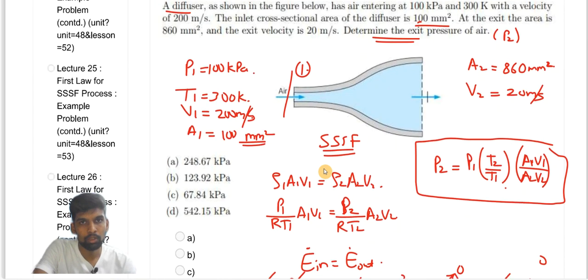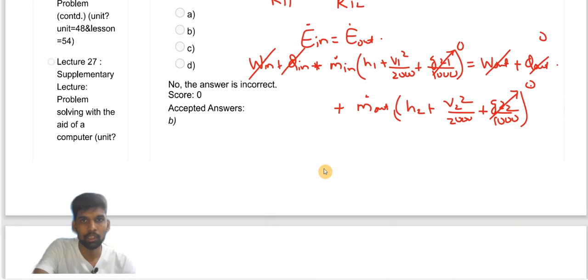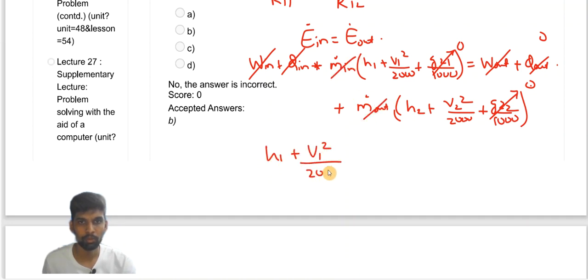And about velocity, velocity at both entry and exit they have provided. And also, since from mass balance m dot in and m dot out are equal, and both terms on the sides have cancelled, this will also get cancelled. We have h1 plus V1 square by 2000 is equal to h2 plus V2 square by 2000.